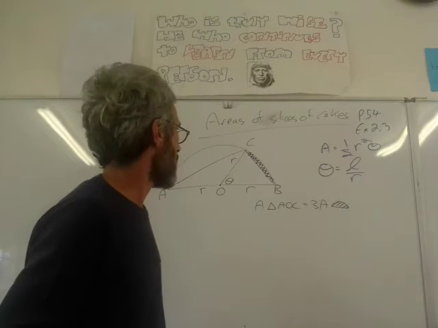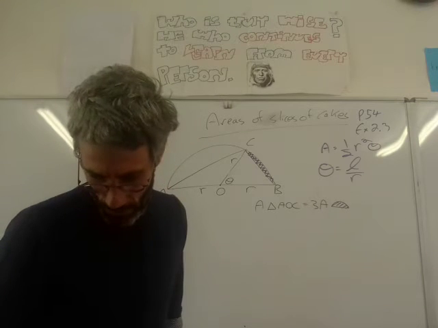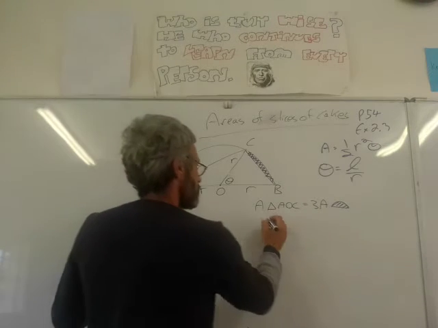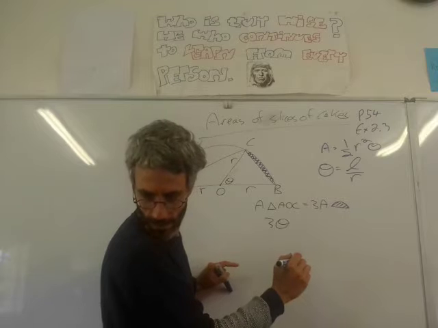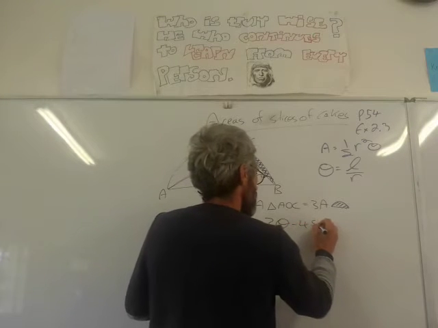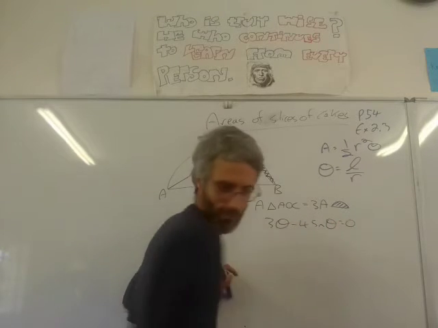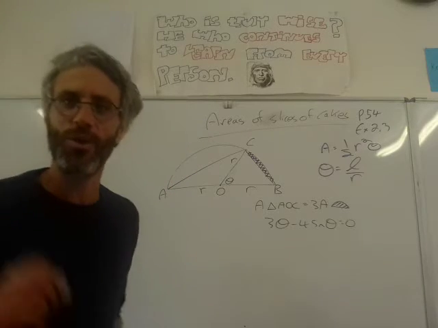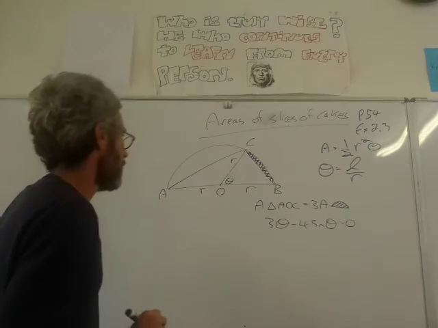And what do we want to prove? They tell us we must prove that 3 theta minus 4 sine theta equals 0. Some kind of trigonometric equation. We need to prove that.